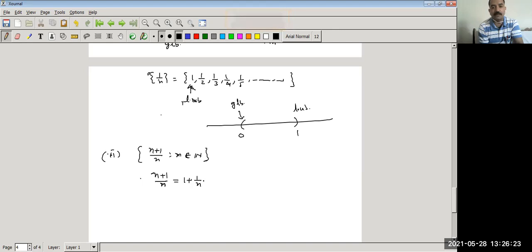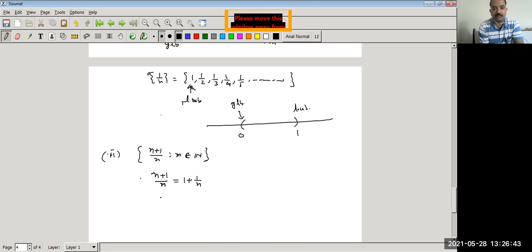Since we know that 1 upon n lies between 0 and 1, 1 plus 1 upon n is 1 plus 0, that is 1, and 1 plus 1 is 2. So it lies between these.